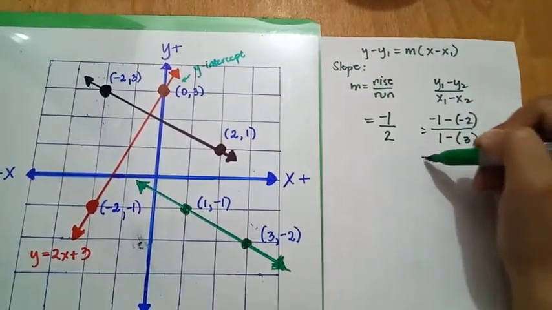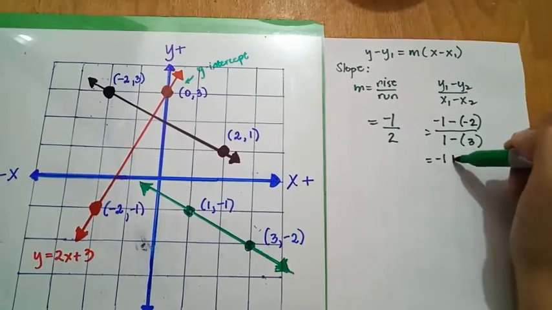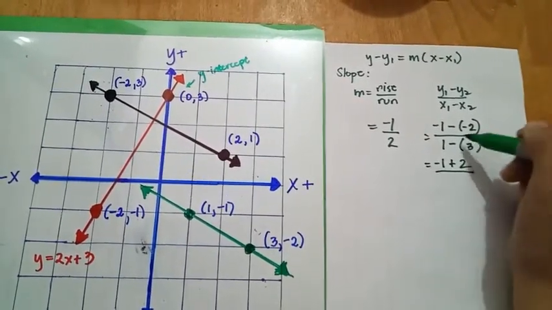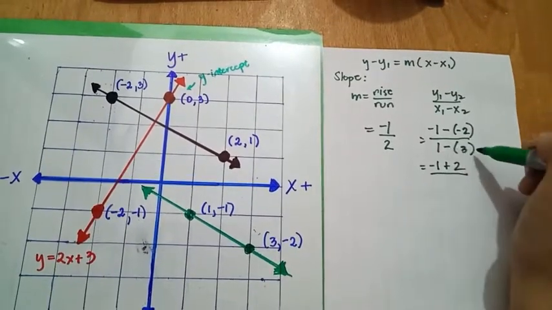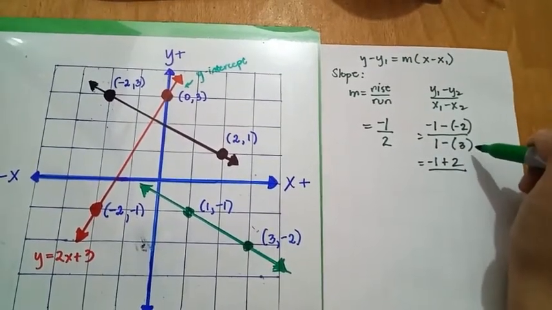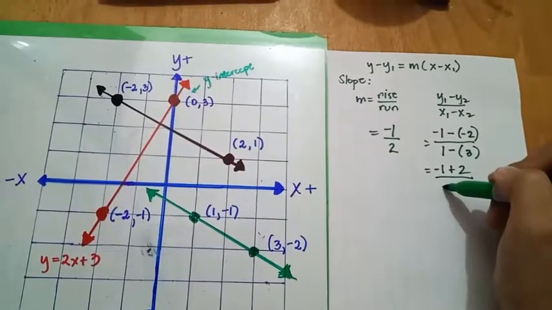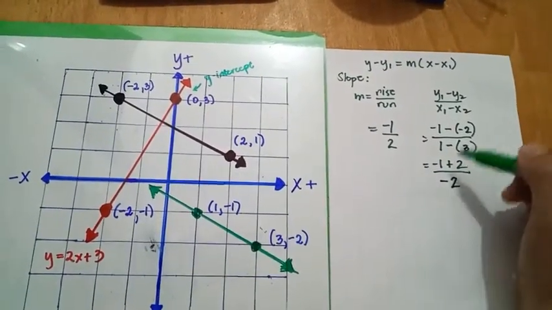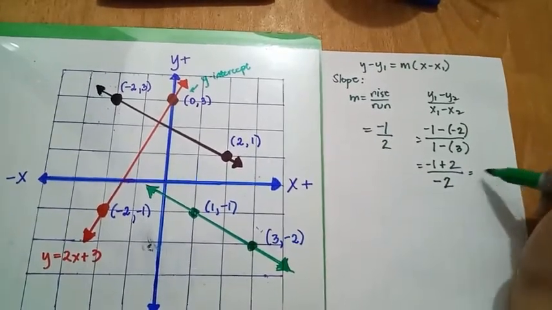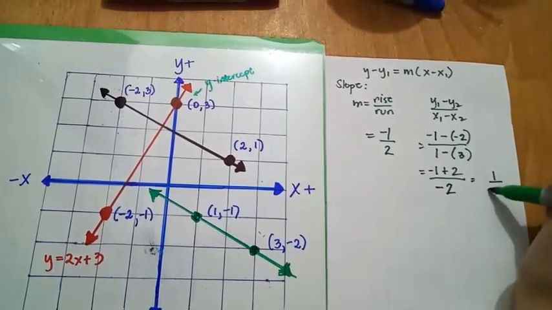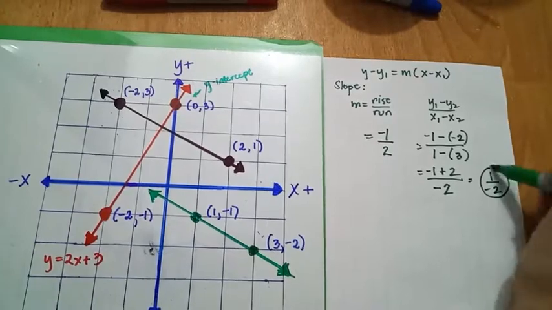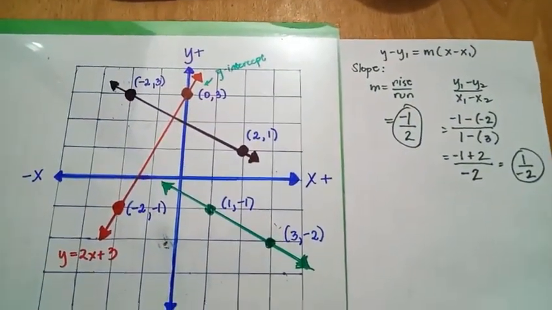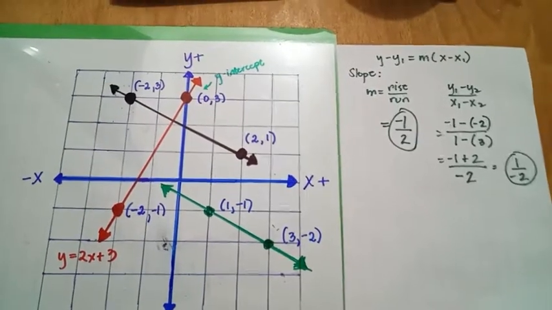So, keep, switch, opposite ng -2 ay +2 na. Then, 1 minus 3, again, kung ang ibabawas mo ay mas malaki kaysa babawasan, the answer is negative. Then, subtract the numbers, you will have 2. So, -1 plus 2 is 1. Then, copy the denominator, which is 2. Ganun pa rin naman yung kalalabasan. Okay? So, your slope is still -1/2.